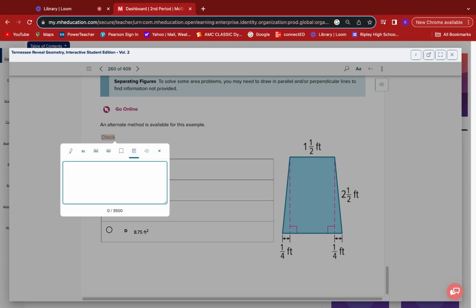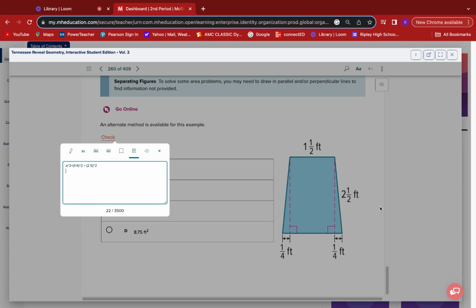I've got A squared plus, I'm going to use my 1/4 as my B. So it's going to be 1/4 squared equals, and my hypotenuse is 2 1/2, and I'm going to square that. So 2 1/2 squared.